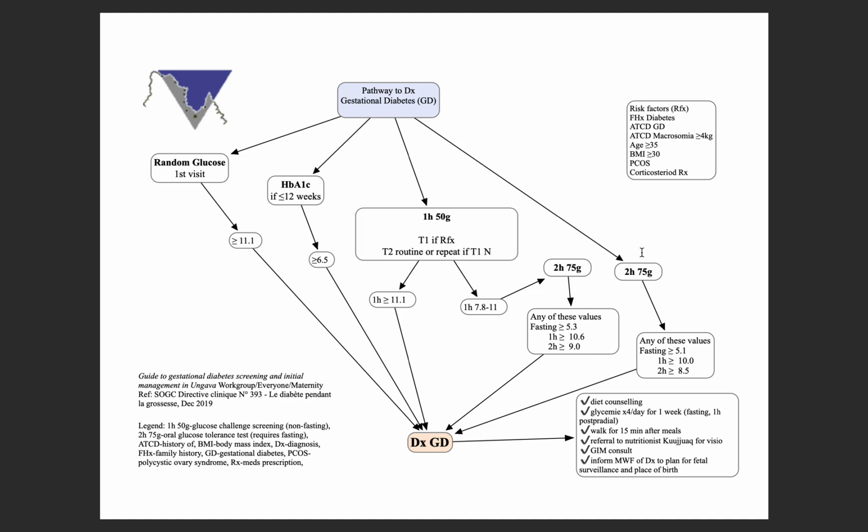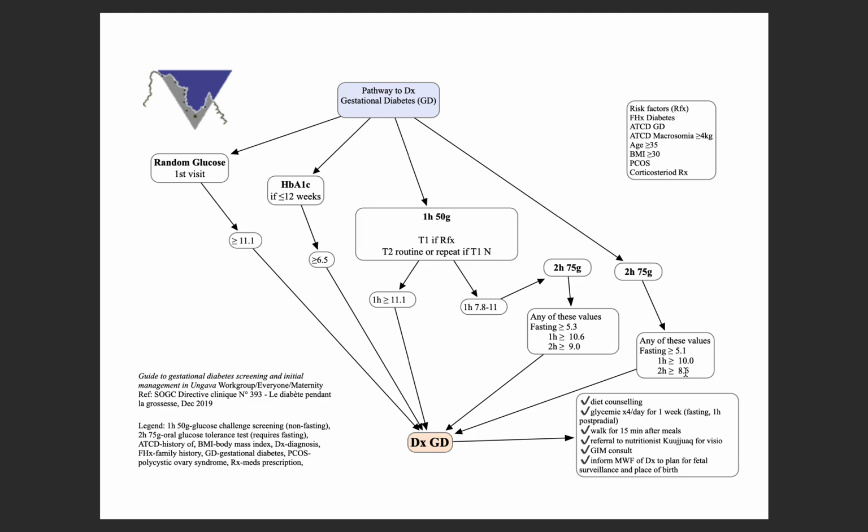In the event for some women who it's difficult to coordinate their care, or she's late to care, we may go on to a 2 hour 75 gram in the second trimester. In this case, we're a bit more conservative of the cutoff values, and you'll see in the lab report that if she hasn't had a 50 gram, then to consider these numbers.